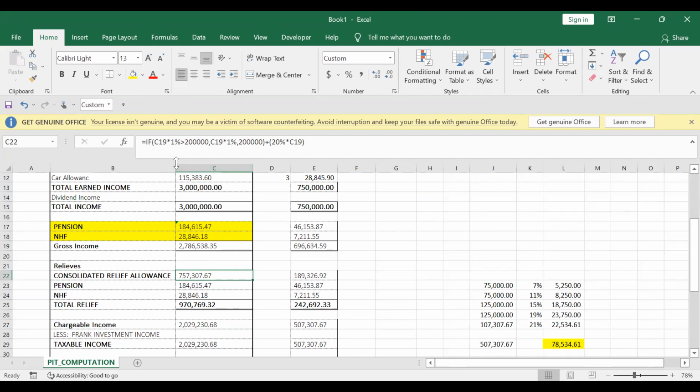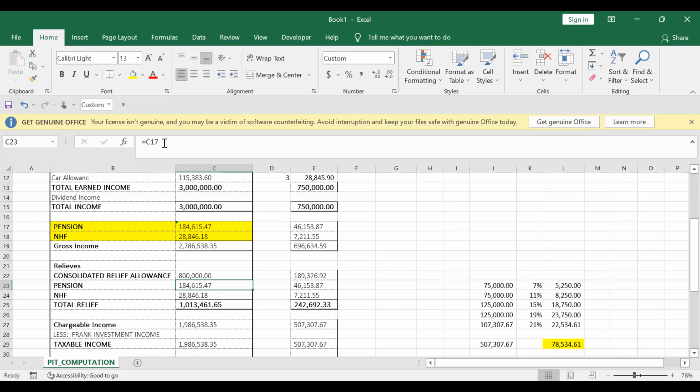If I change the base from gross to total, you will see what change you have now. Just watch it. See what you're having, 800 from that 57. Are you there, Francis?